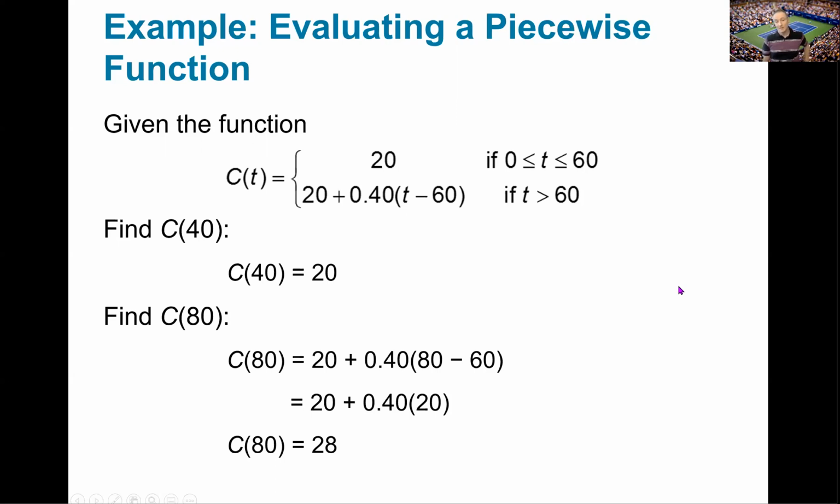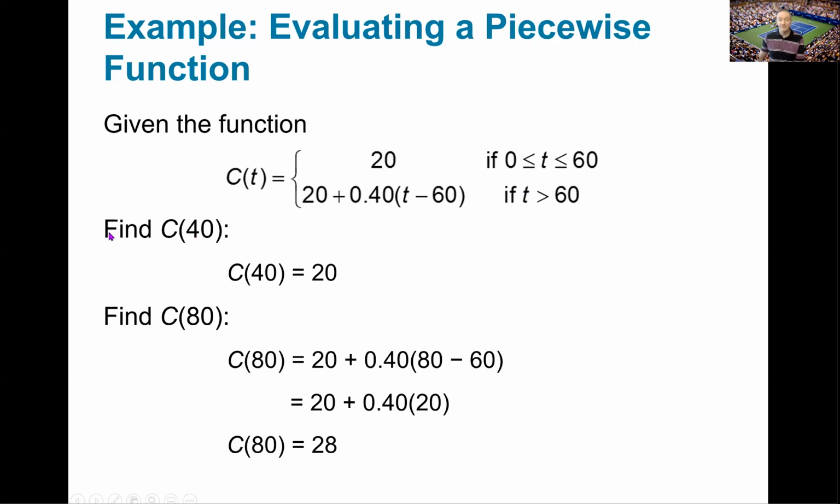Now, the second part of this piecewise function occurs if t exceeds 60. Then your function is going to be that original 20 plus 0.4 times the number in excess of 60, which is t minus 60.